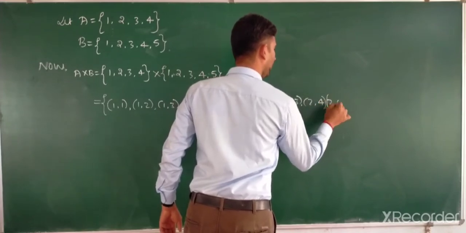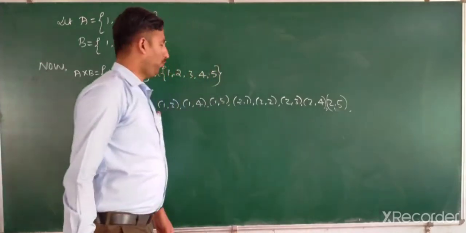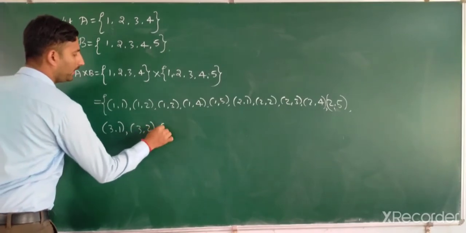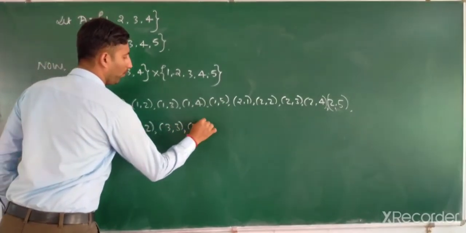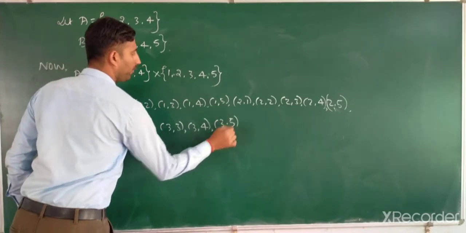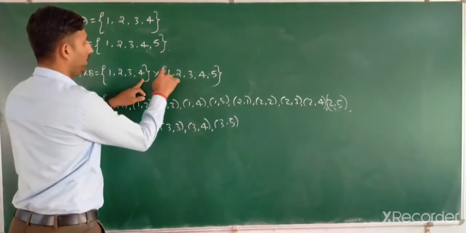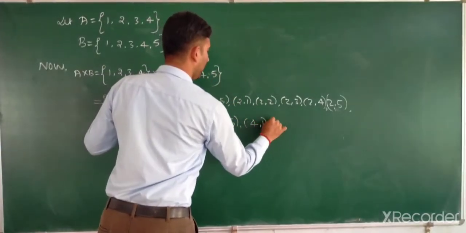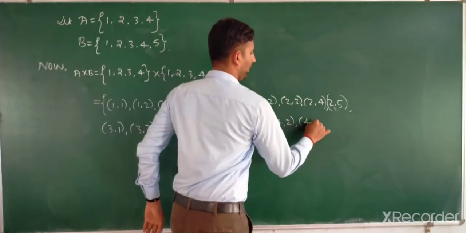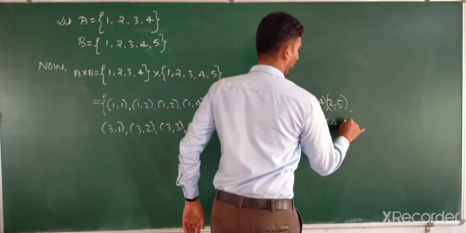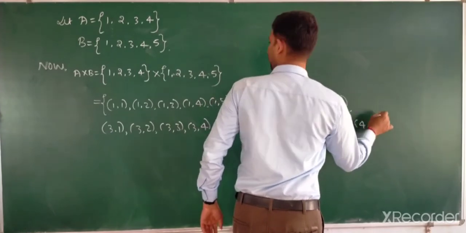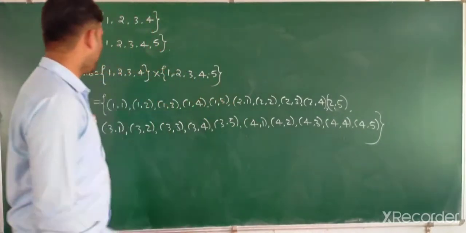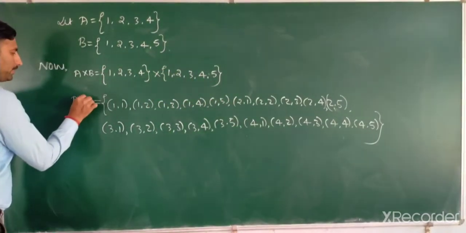After that 4,1; 4,2; 4,3; 4,4; 4,5. These are the A cross B values.